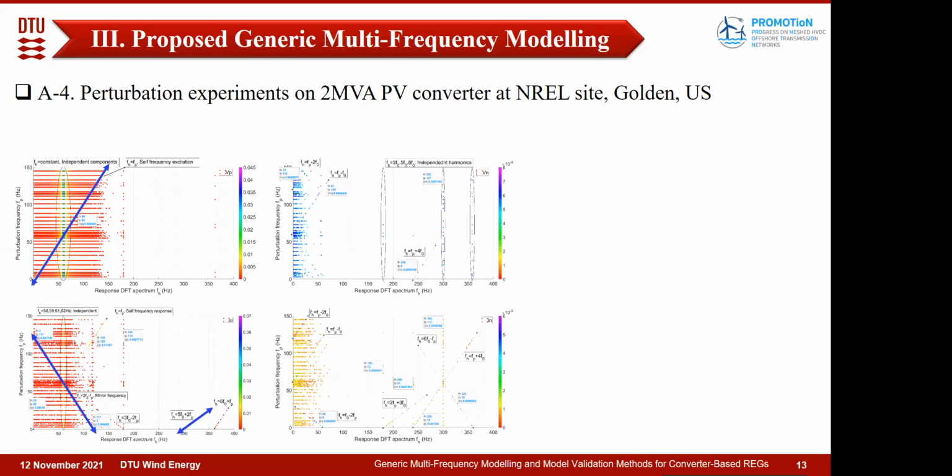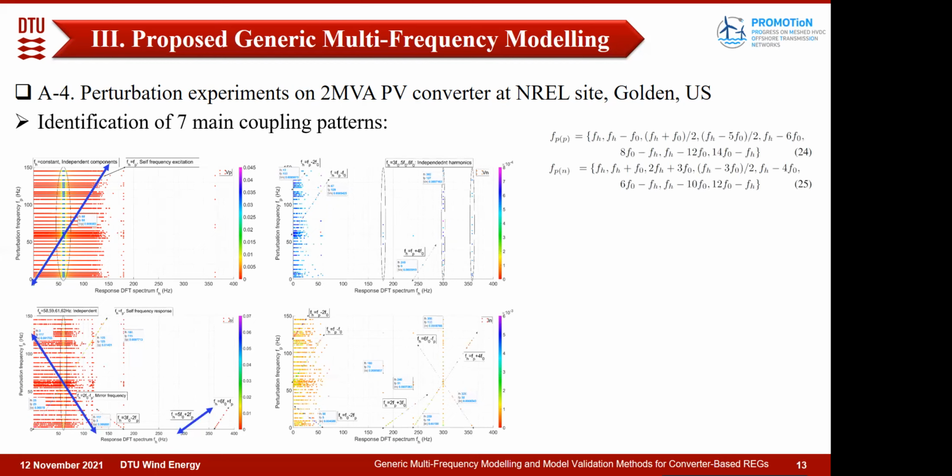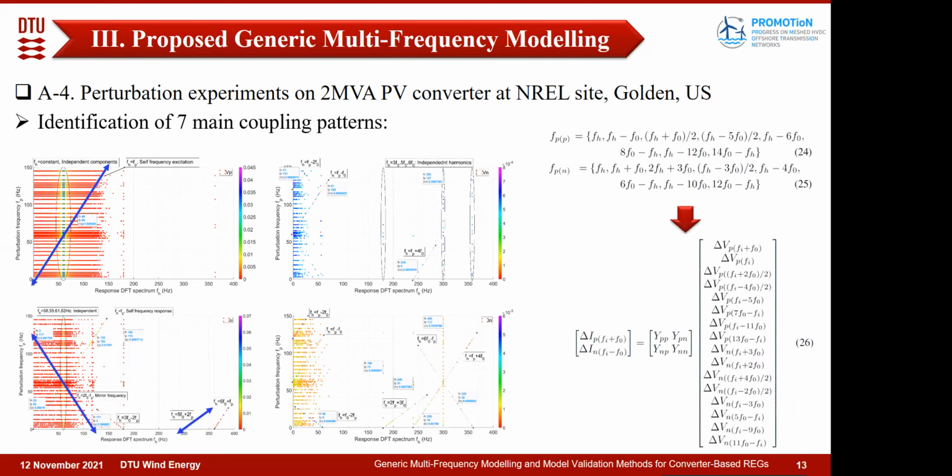Also, we can look at the same for positive and negative sequence voltage and current. For this practice, we observed 7 main couplings in positive sequence and negative sequence as well. And then, as an example, we provide this model for the device under test, a 2 megawatt PV converter.